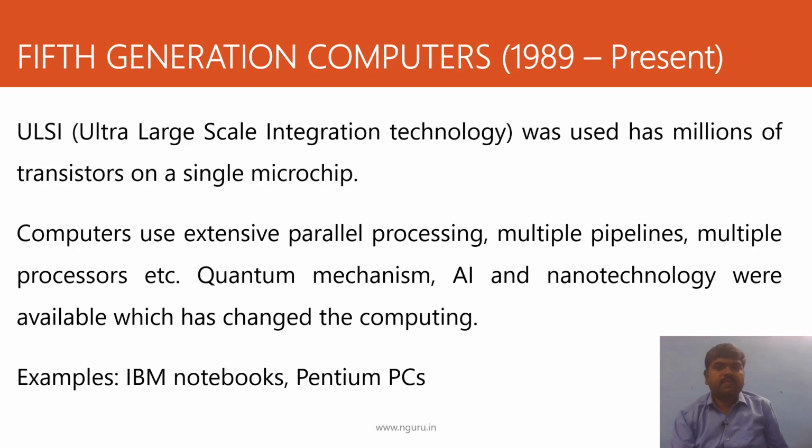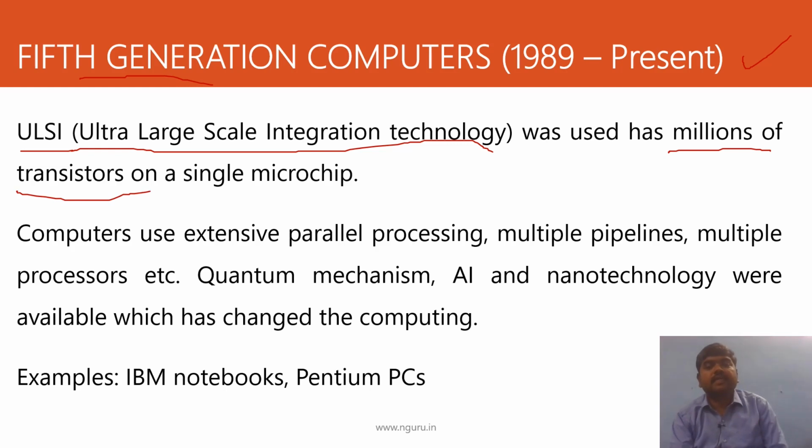Fifth generation computers, from roughly 1989 to present days, we call them fifth generation computers. The technology used here is ultra large scale integration, where millions of transistors are placed in a single microchip.